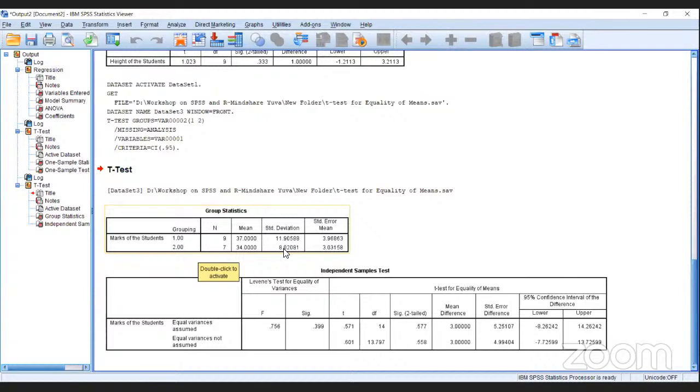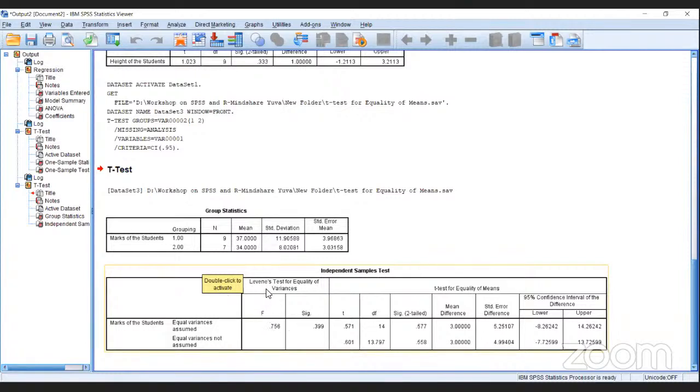Now what is 9 plus 7? 9 plus 7 is 16, minus 2, so degrees of freedom is 14 here. And you need to remember these two things.